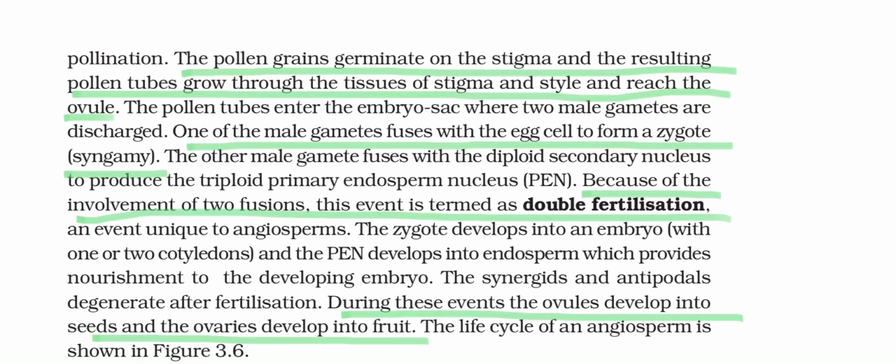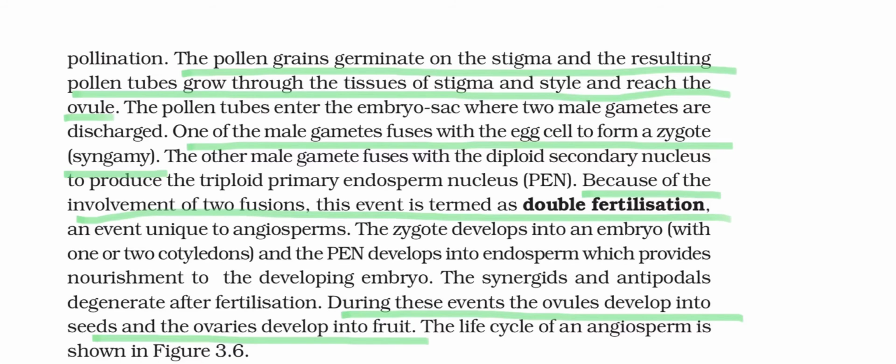And fertilization, development of embryo, development of endosperm, all you are going to study in your 12th standard. But right now there is only one term which is important to remember that I want to share.